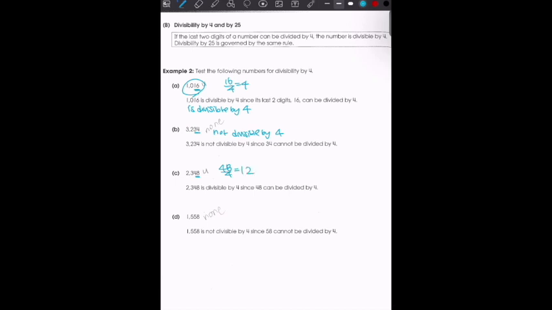And so this tells us that the number 2348 is divisible by 4. Now if we look at 1558, the last two digits are 58, and 58 is not divisible by 4, so the number would not be divisible by 4.